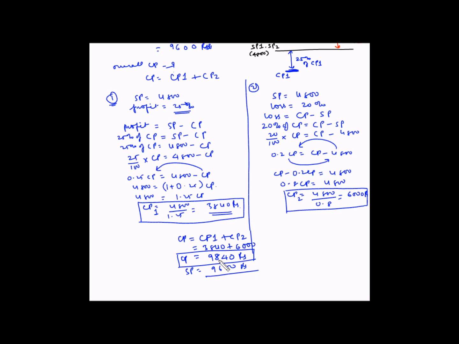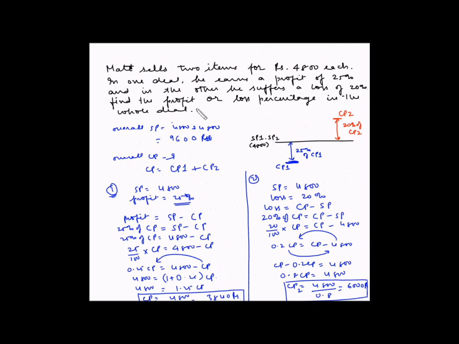So of course our cost price is bigger than the selling price, so we have made a loss, and the loss is the difference between our cost price minus the selling price. So if we subtract 9600 from 9840, we'll get 240 rupees. And now we have been asked to find the profit or loss percentage.